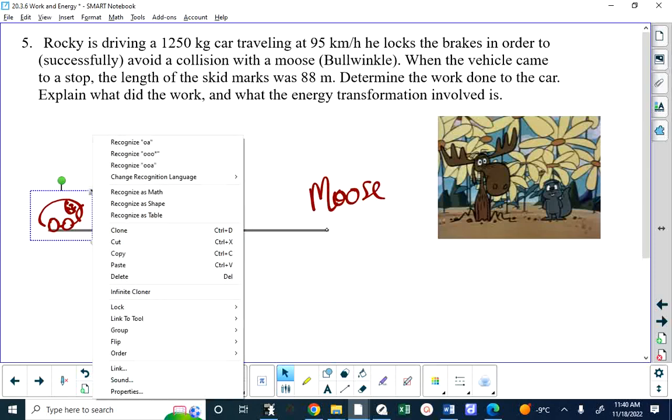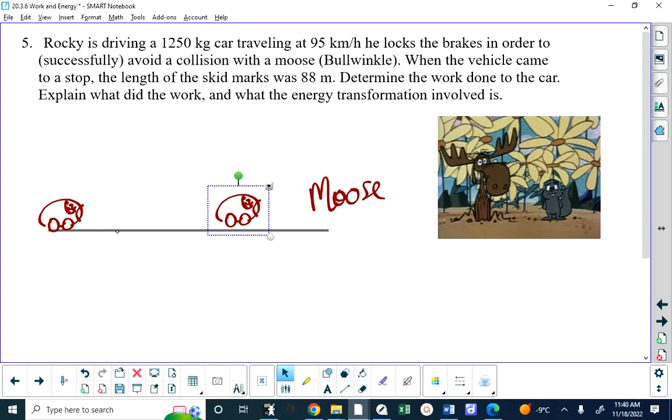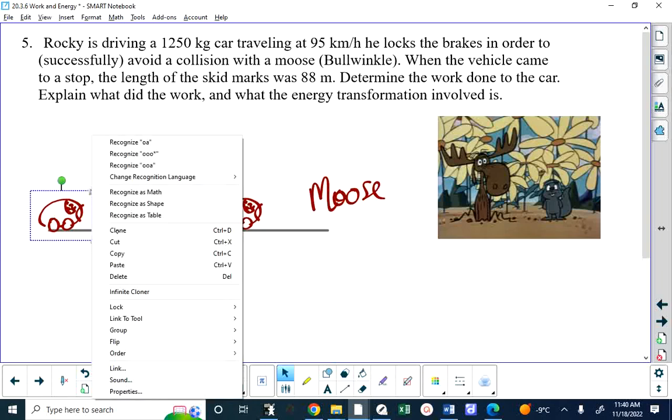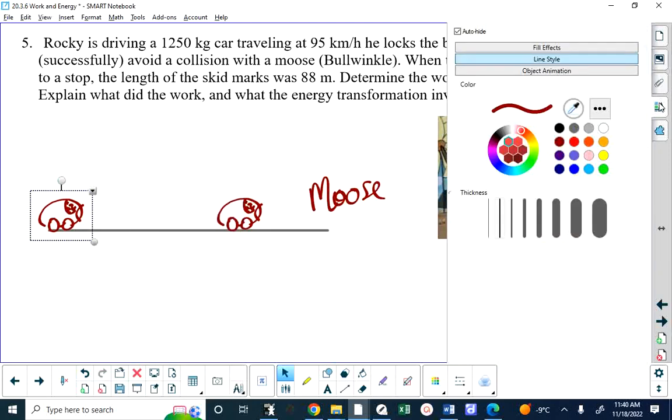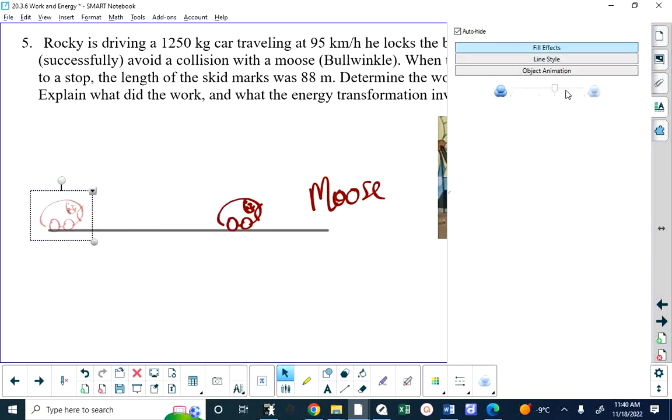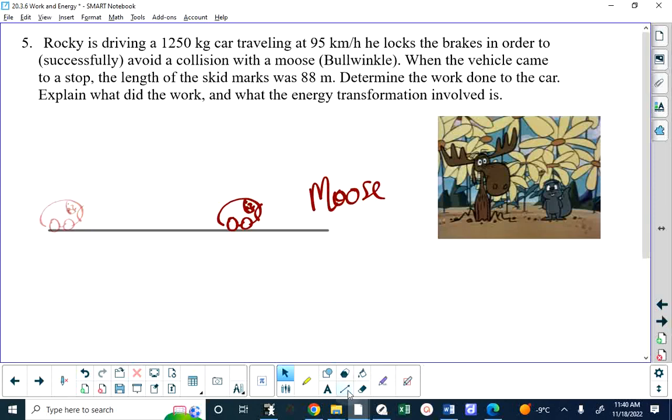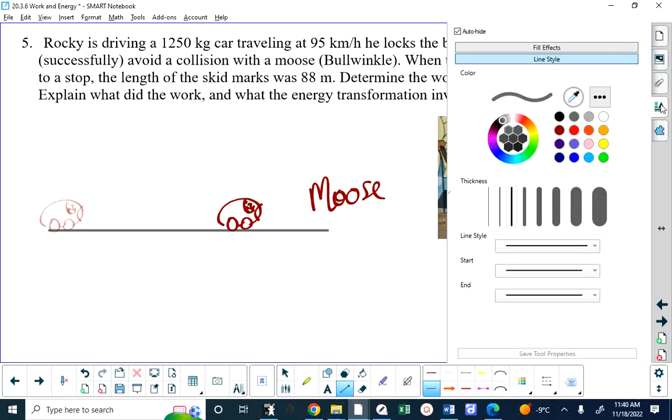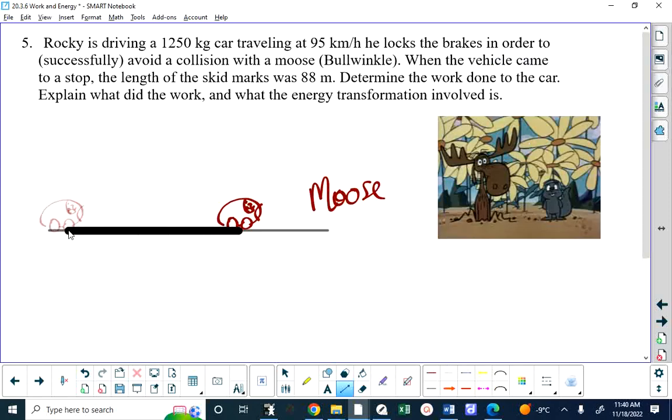Rocky sees Bullwinkle and slams on the brakes. Rocky started here, and finished there. The length of the skid mark on the road is 88 meters.